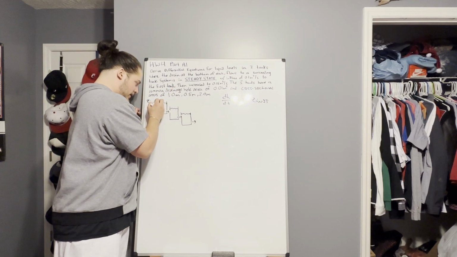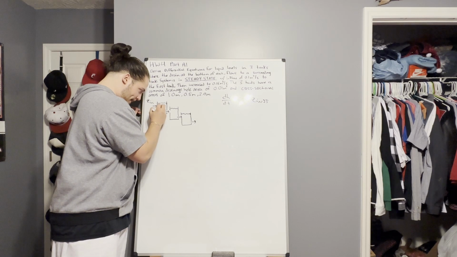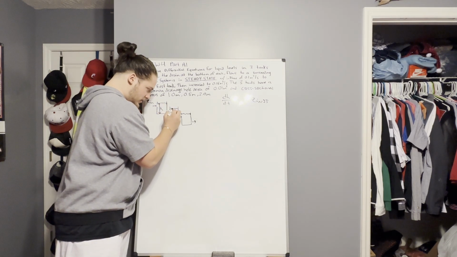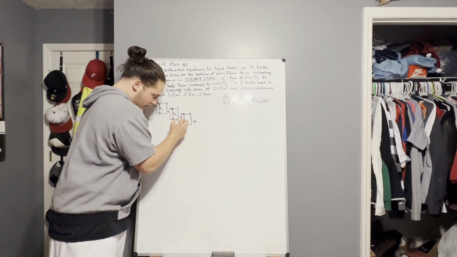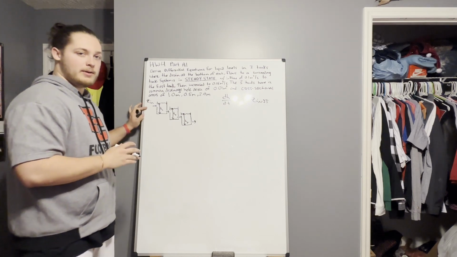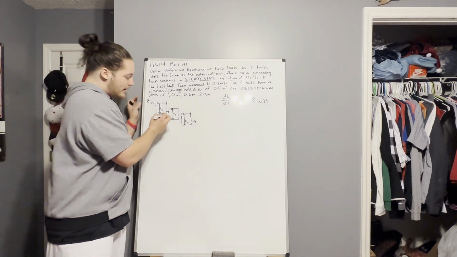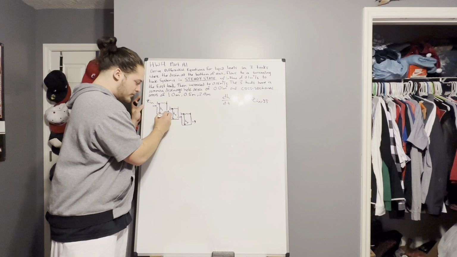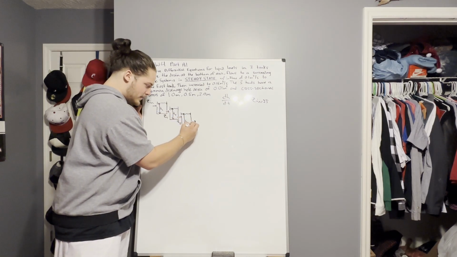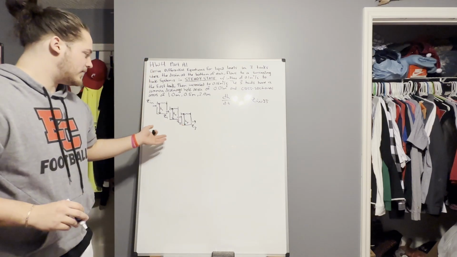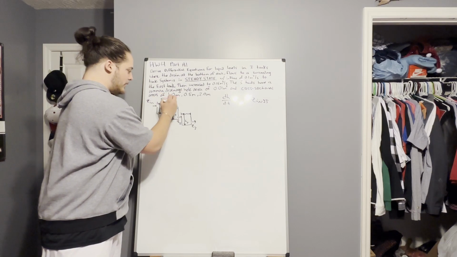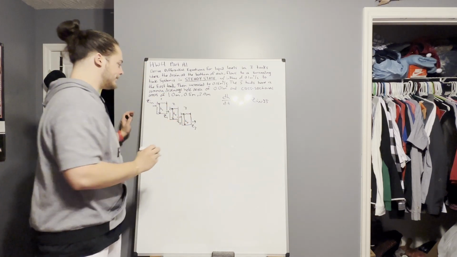So we can denote that as H1, H2, and H3. We also have Q in going into our first tank. So this here will be Q1, Q2, and Q3. And these are representing the out and in flows of our tanks 1, 2, and 3.